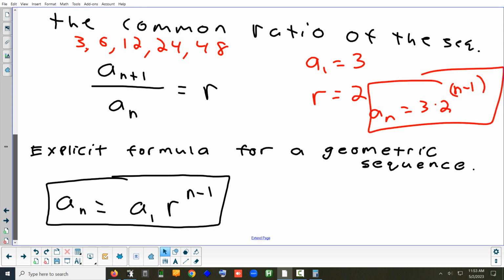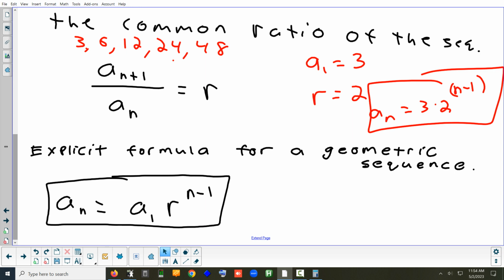Let's check the fourth one. What's 4 minus 1? 3. What's 2 cubed? 8. 8 times 3? 24. There you go. So this is the formula to find the nth term in that sequence. Any question on that one?